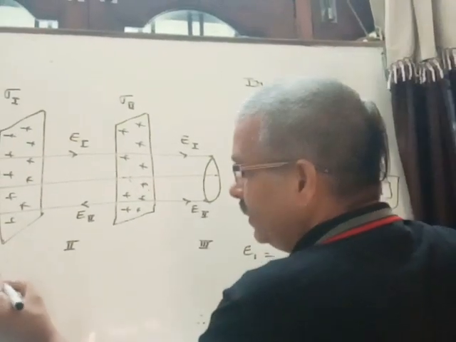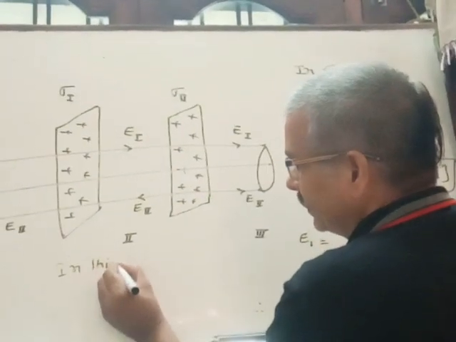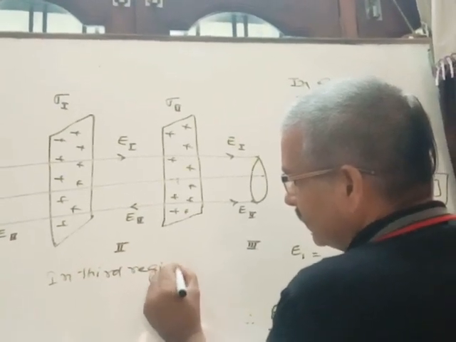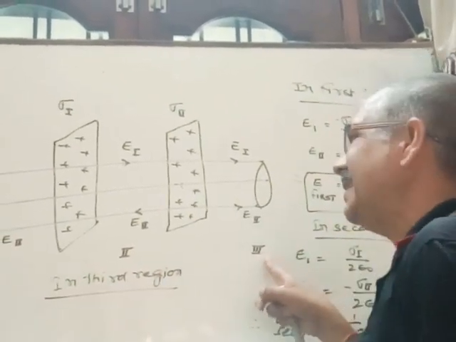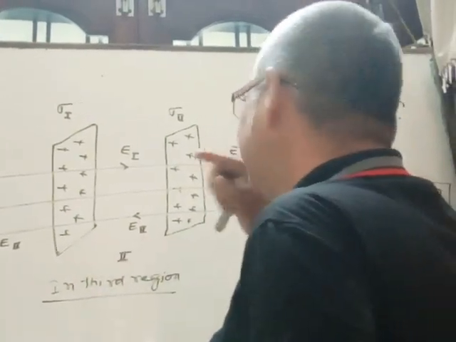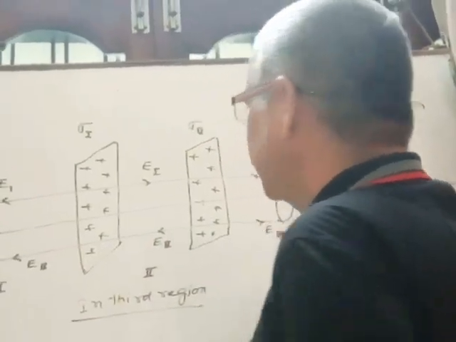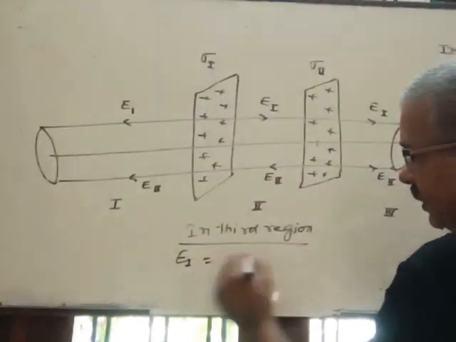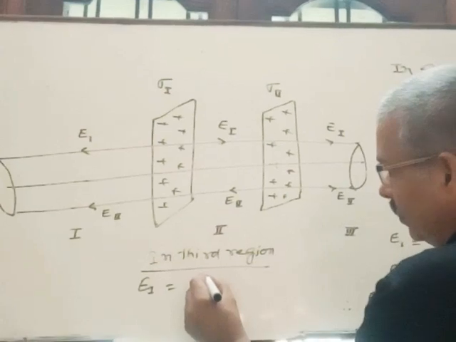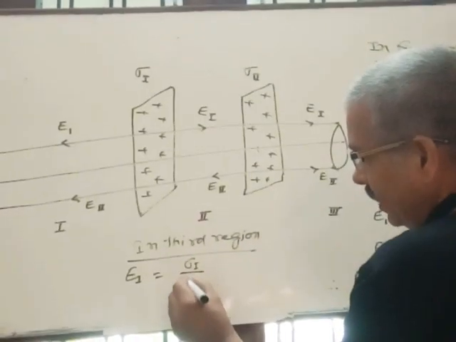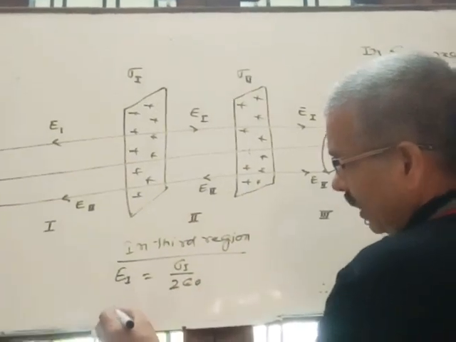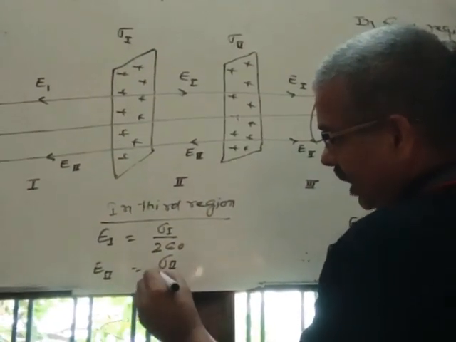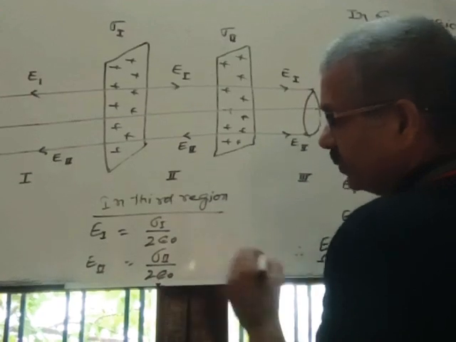Similarly, in the third region, this third region is present right of the first sheet as well as the second sheet, or you can say along the x positive axis for both the sheets. So the EFI due to the first sheet in the third region is equal to sigma first by 2 epsilon 0, and due to the second sheet it is sigma second by 2 epsilon 0.